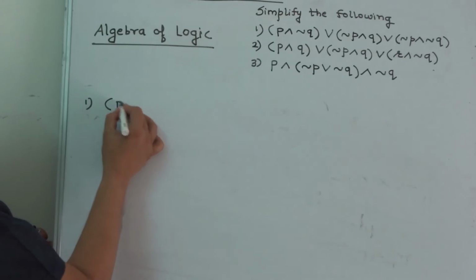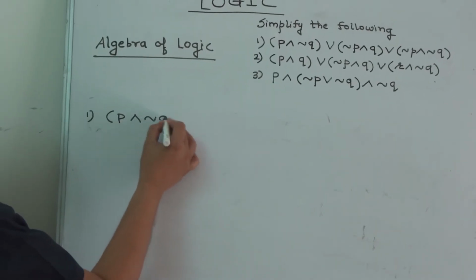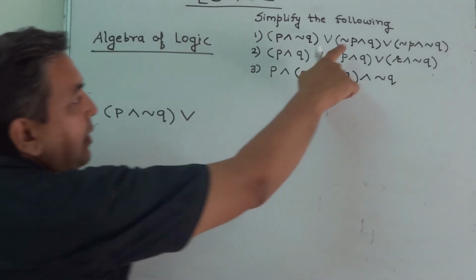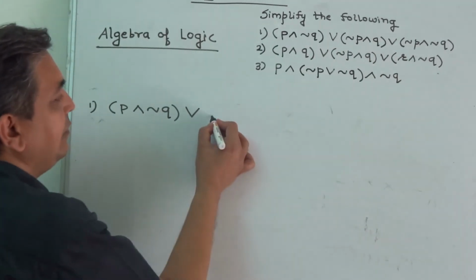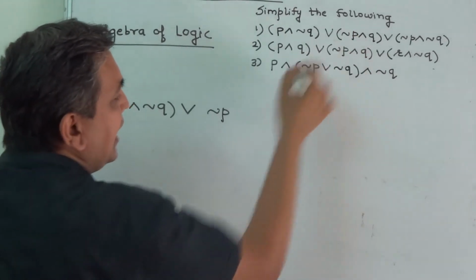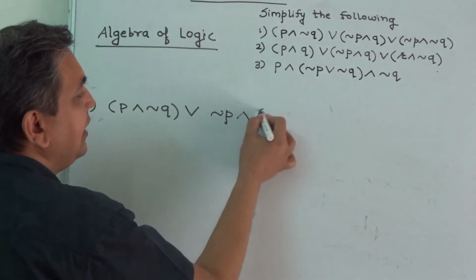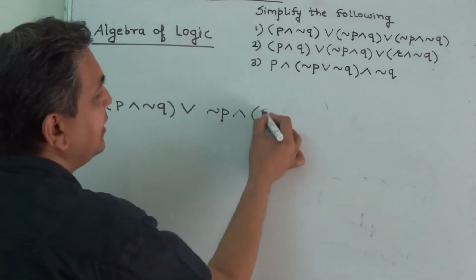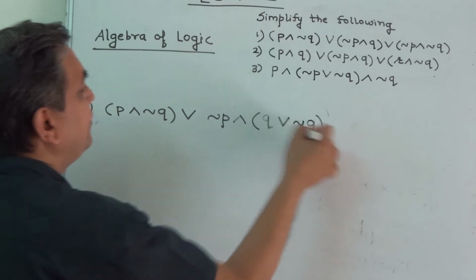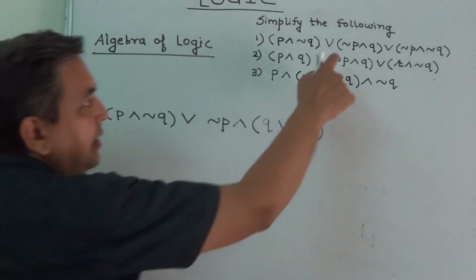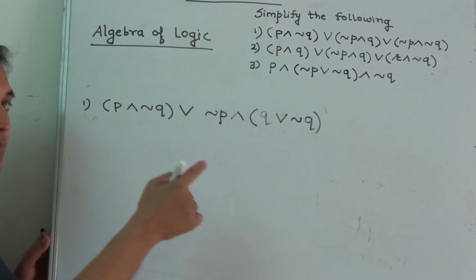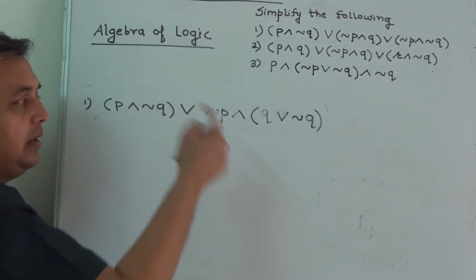We write the first bracket as it is, P and negation Q, or from these two we take negation P common. This is AND, so negation P and in bracket we get Q or negation Q. Is this clear? Negation P common, Q or negation Q. We have written distributive law in the reverse order.